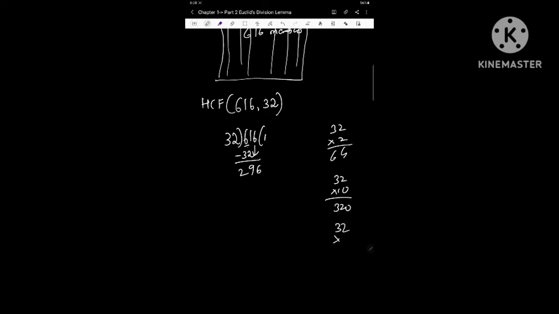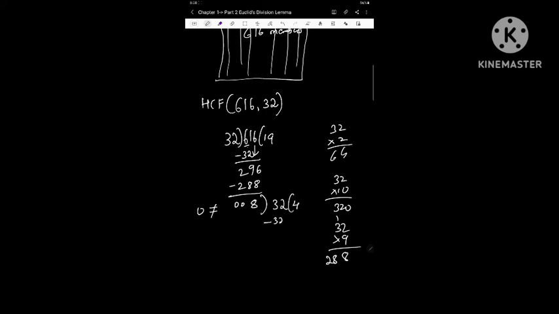So let's try 9: 32 nines are 288, and the remainder will be 8, which is not equal to 0. So again we continue with our long division process.